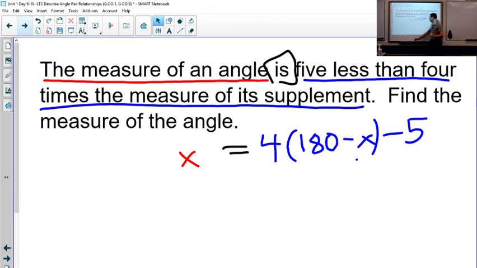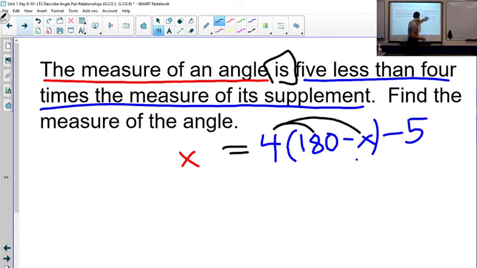And then I'll give you one more step to get going, which is the distributing. We're going to distribute the 4. So here I've got 4 times 180, which is going to be 720.